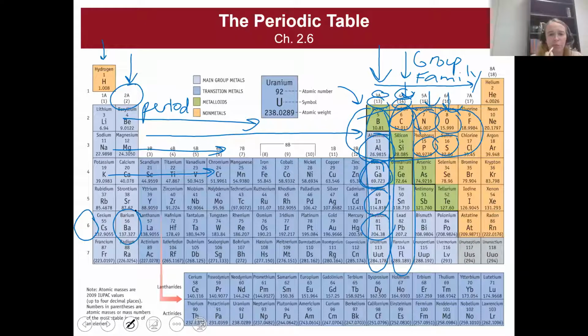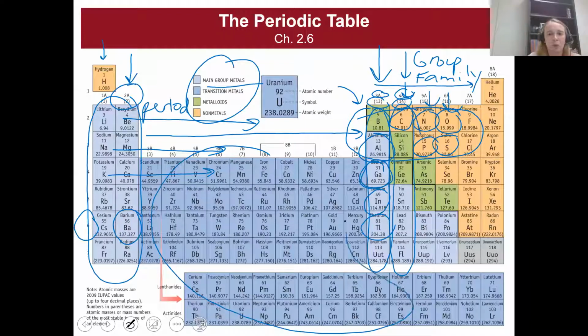What else can we get from this periodic table? So it tells us what kinds of elements these are. All of the elements over here in this light blue are called main group metals. All of these dark blue ones, oh sorry, there are some light blue ones over here too, huh?